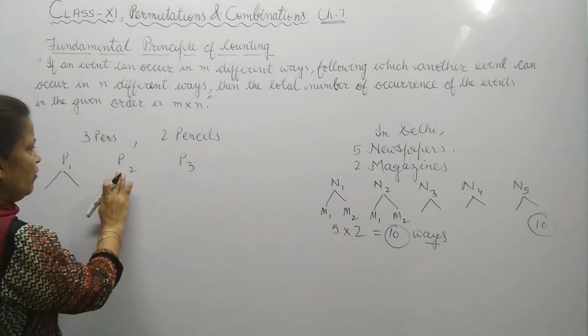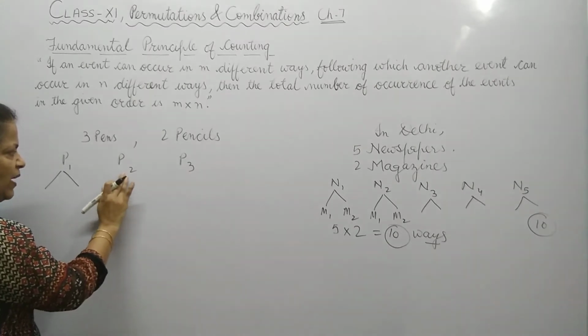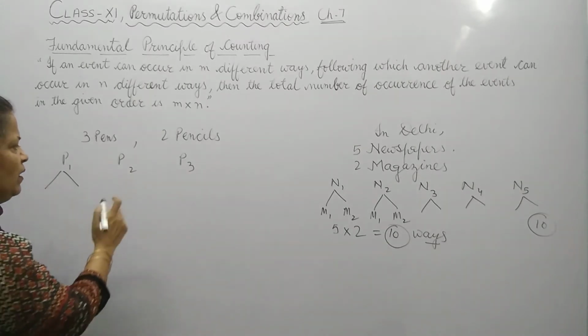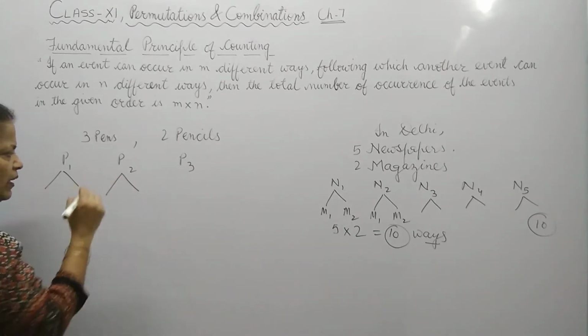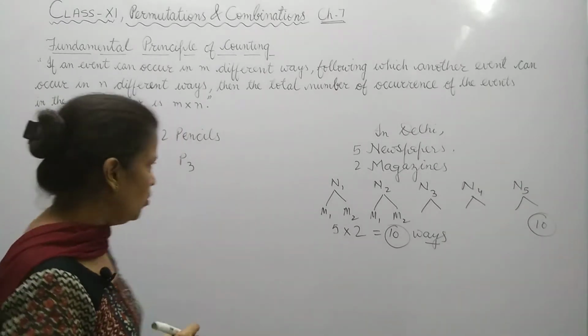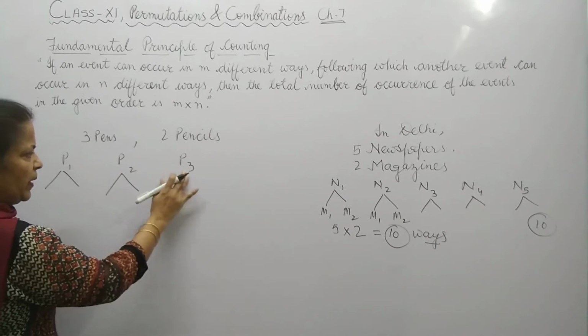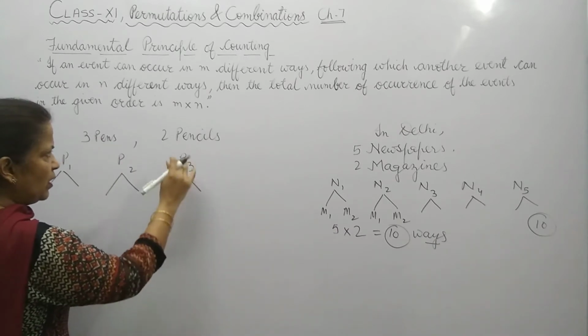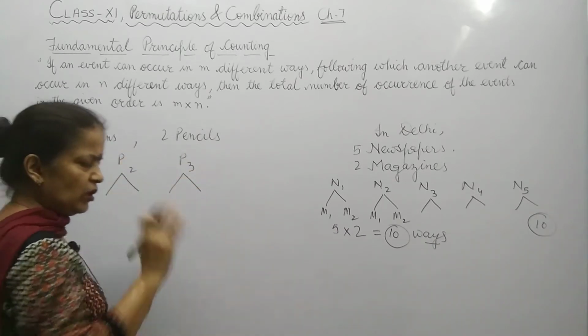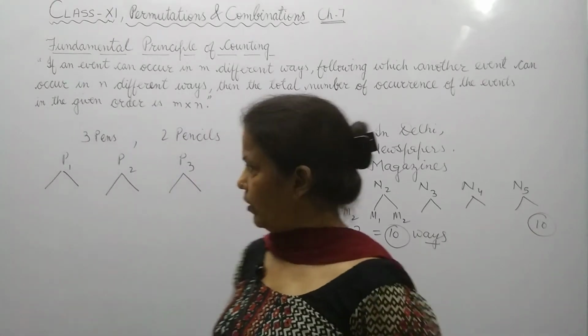Same way, if the student is taking the second pen, then again he or she has 2 options. If the student is opting for the third pen, then again the student can choose any one of the pencils.